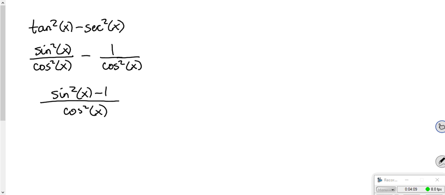cosine squared x. Well, sine squared x minus 1, you'll notice in your PowerPoint some basic trig identities that I had included. Basic trig identities, the big one, the overall arching one that we know is that sine squared plus cosine squared equals 1. Okay, that is a major trig identity.